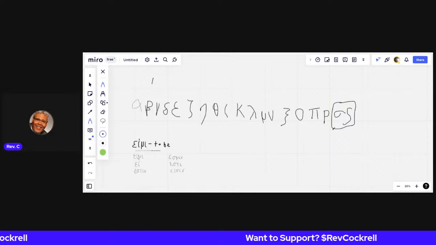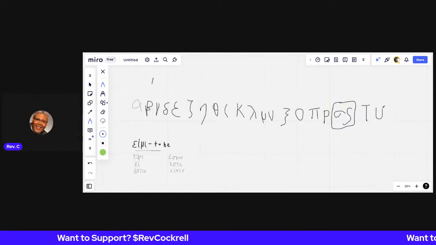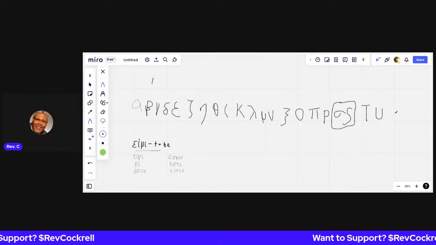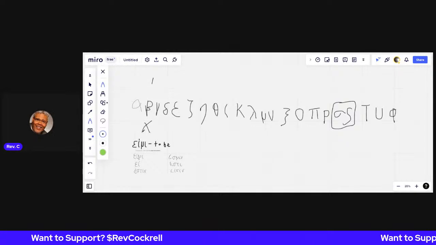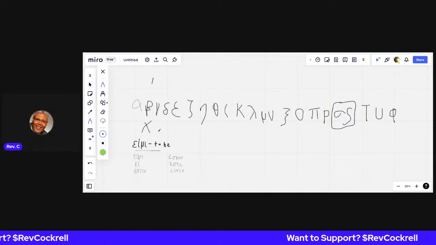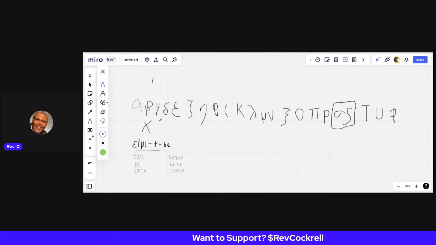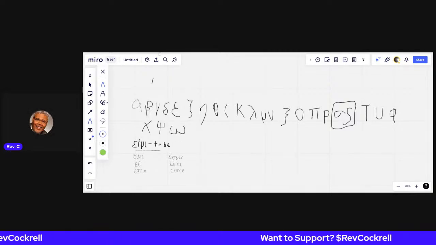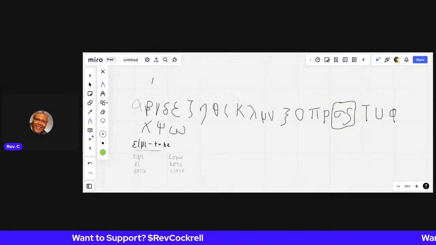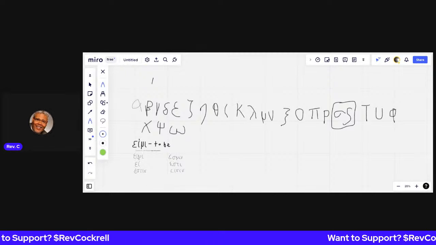Final sigma at the end of a word. Tau, upsilon, phi, chi, psi, omega. All right. So there is our alphabet.